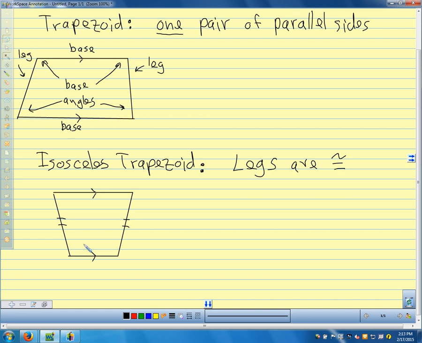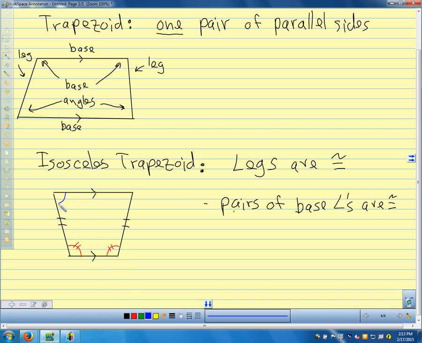But a couple of other nice things happen. Pairs of base angles are congruent. So that means that this angle here would be congruent to this angle here.